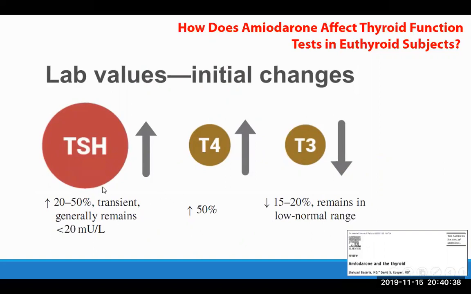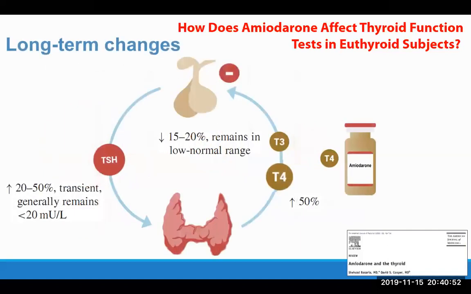TSH will be elevated by about 20 to 50% from the baseline. T4 will be increased by 50%. T3 will be decreased by 15 to 20% from the baseline. This is the initial change. After 3 months of intake of amiodarone, the negative feedback mechanism will be corrected.